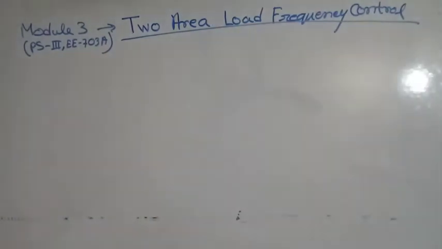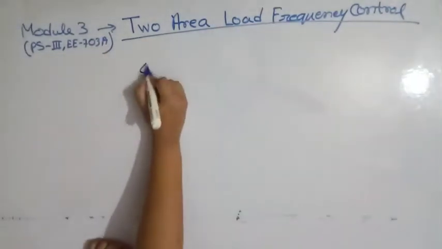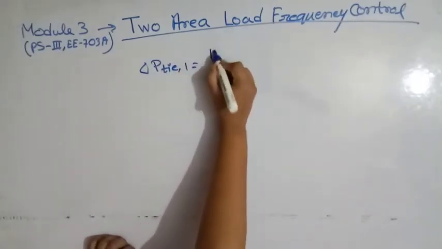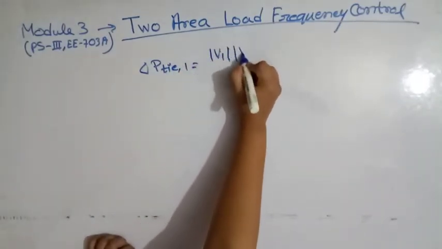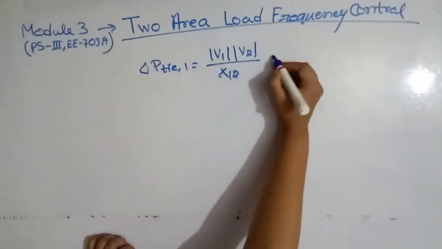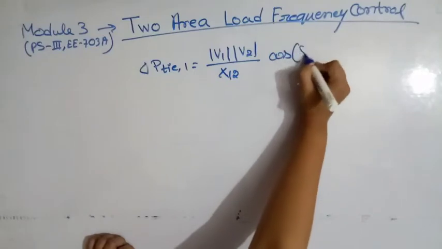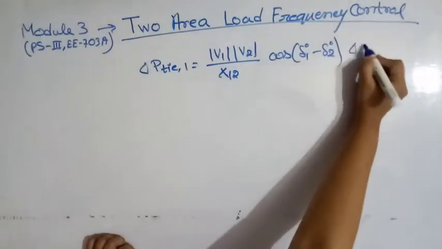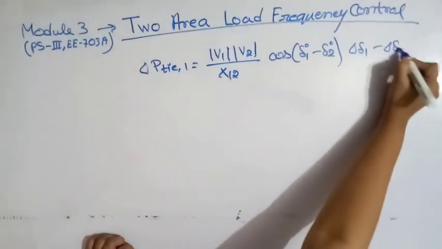Now delta P tie 1 equals V1 V2 by X12 cos delta 1 minus delta 2 times d delta 1 minus d delta 2.